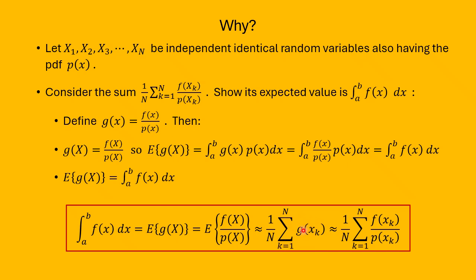But g of x sub k is just f of x sub k over p of x sub k. So this integral that we're after is approximately equal to this sum, where we're picking these x sub k's from random variables that all come from a population having density function p of x.